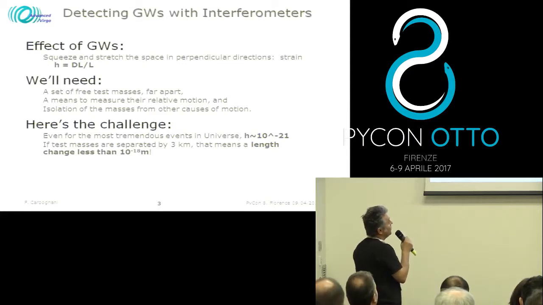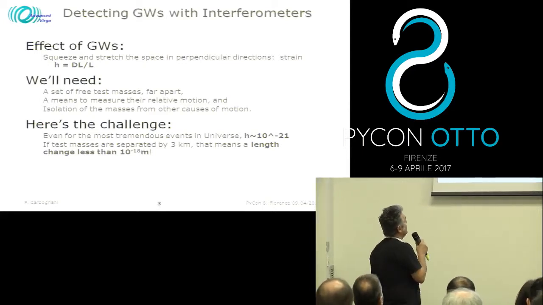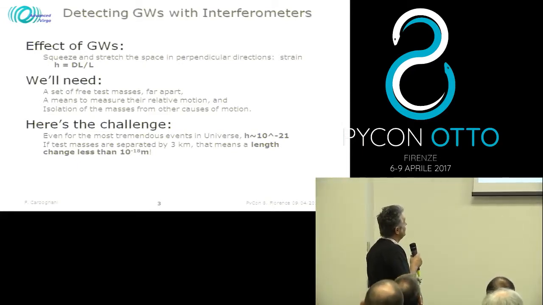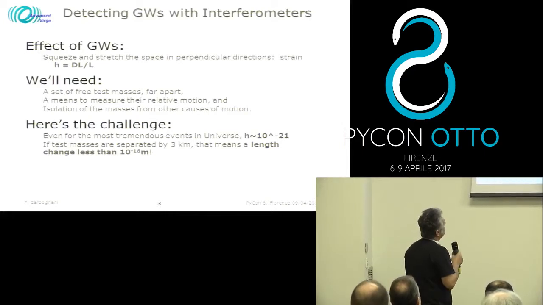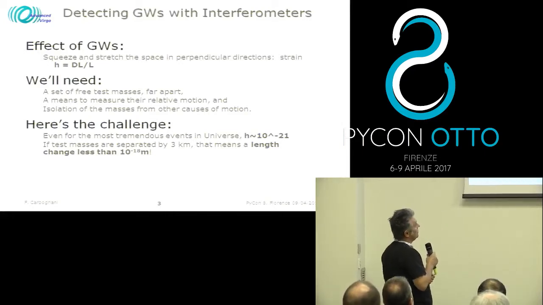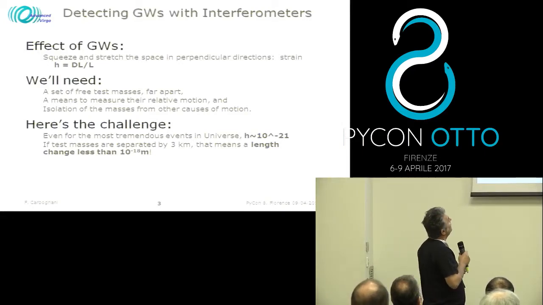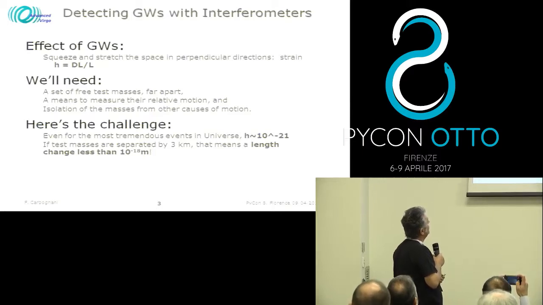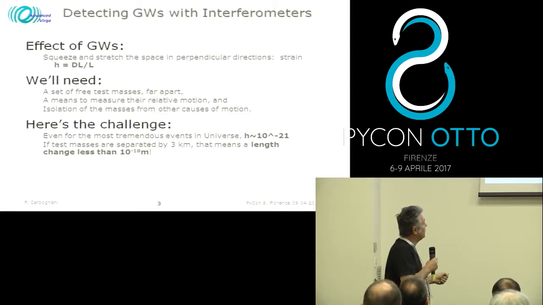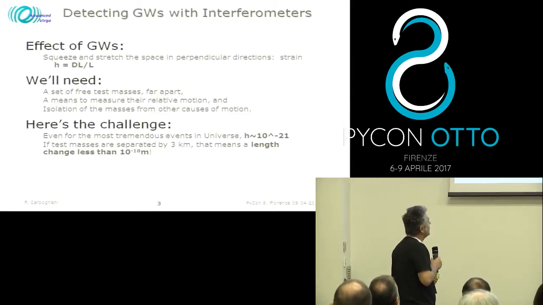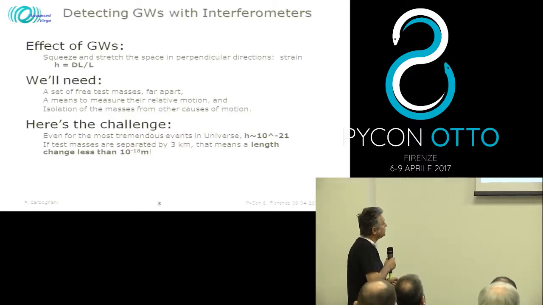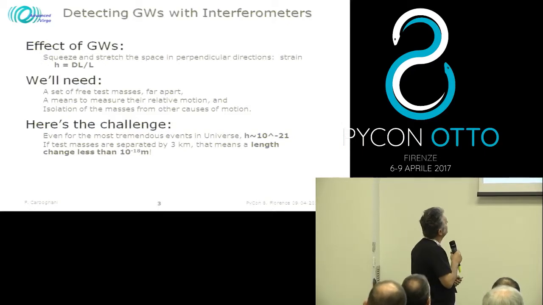So just a reminder of what trying to detect gravitational waves means. We are trying to look at gravitational waves, space that is squeezed and stretched, and what at the end of the story we are looking at is a relative variation of distance, delta L over L. So we need a set of free test masses very far apart, and a way to measure their relative distance and relative motion.